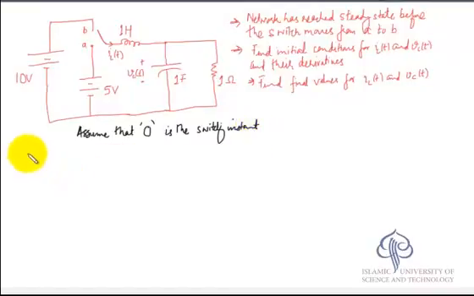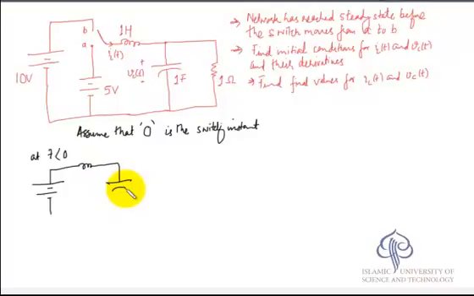So at t less than 0, the circuit conditions are something like this. When the switch is connected to A, and then to B, so the conditions are something like this.